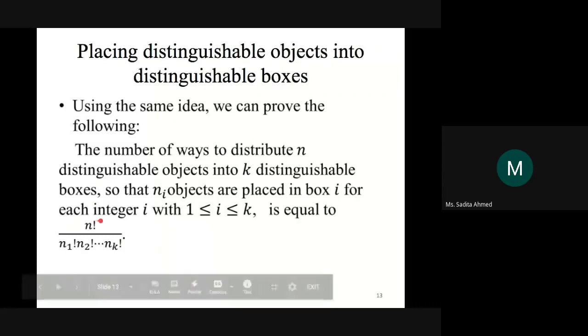N factorial divided by n1 factorial, n2 factorial, n3 factorial, and so on until nk factorial.